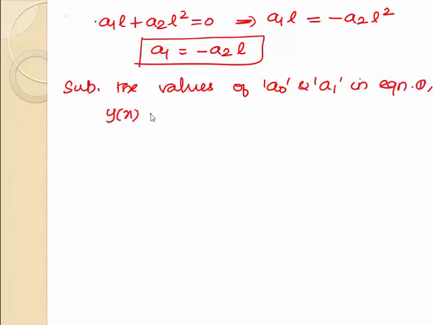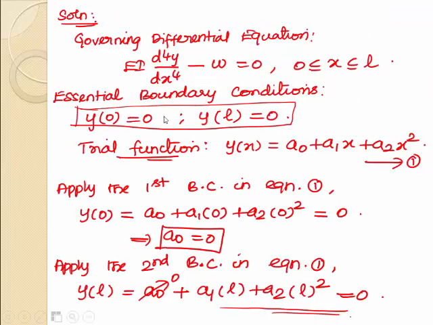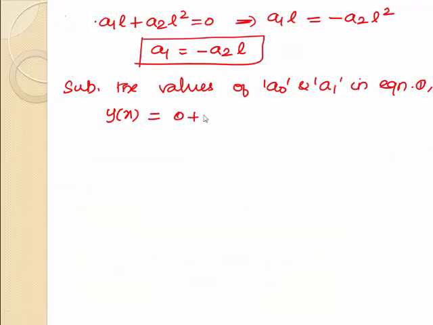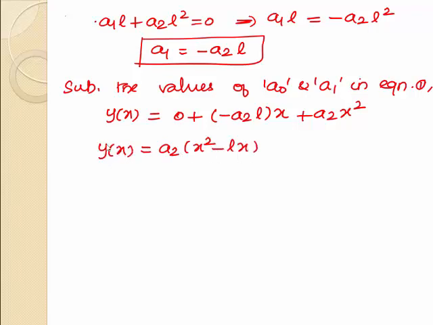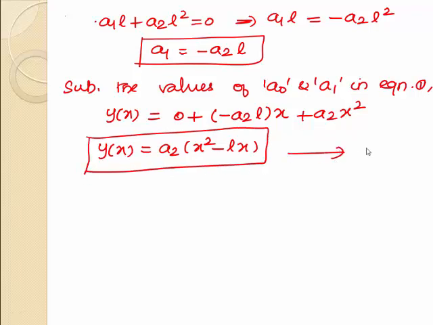So y of x will be a0 is 0 plus a1x, where a1 is minus a2 L, into x plus a2x square. Simply we can write this as a2 into x square minus Lx. This is our trial function, which satisfies the given boundary conditions.